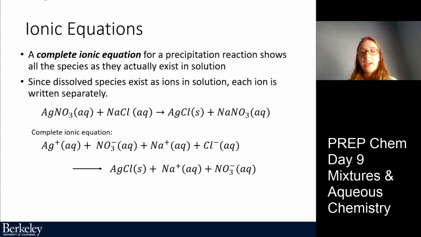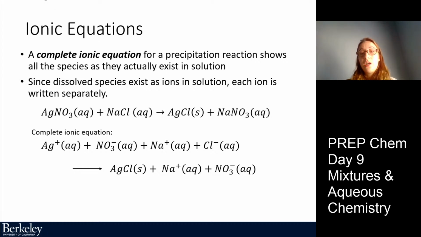On the product side, we know that we react to form silver chloride. Since that is a solid, it cannot be dissolved in solution, since it is the solid that is precipitating out of the reaction. So we would still write silver chloride and denote that it's a solid.